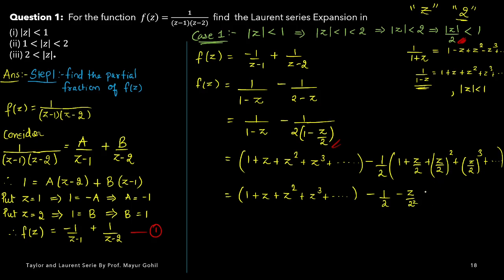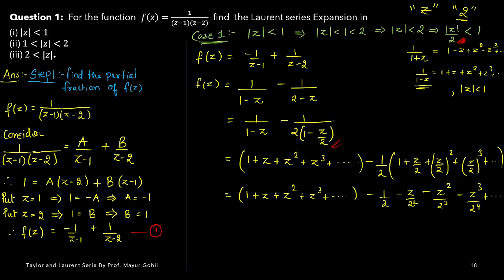Okay, then here there is minus of z square over 2 cube. Then there is minus of z raised to 3 over 2 raised to 4 plus and so on.